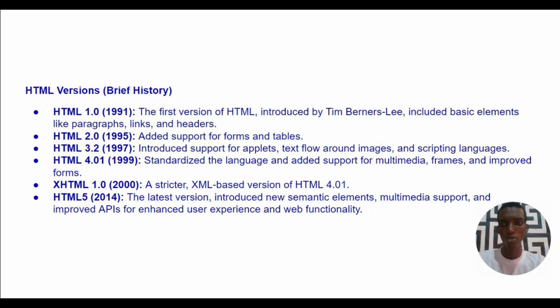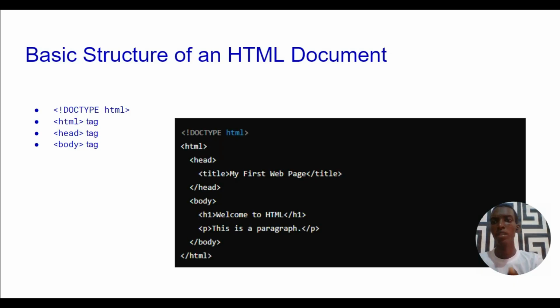So let's jump into the main thing now. Before you can start with HTML, you need to understand that HTML follows a certain structure. The very first thing you have is the doctype of HTML. You're just letting it be known that the type of document you're creating is an HTML document.